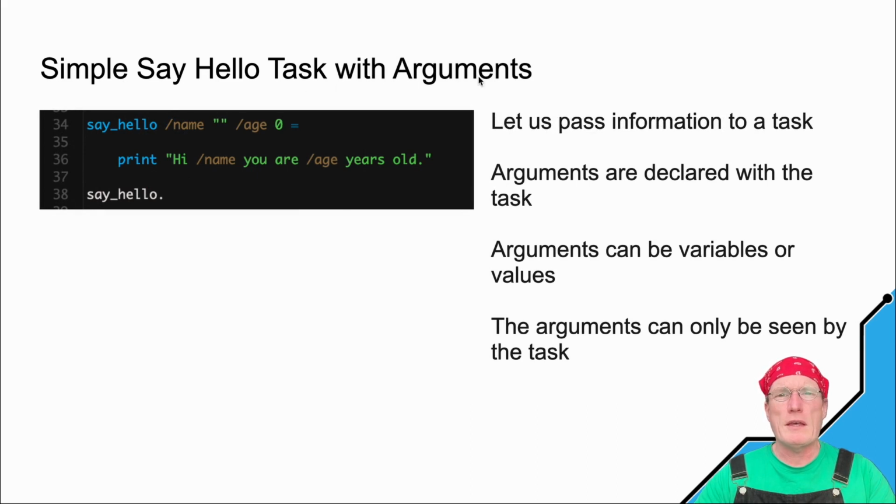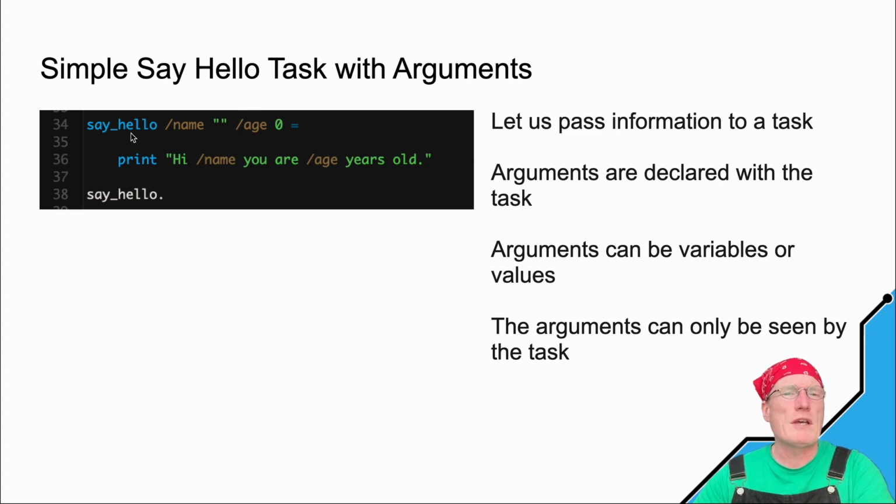If we take that simple say hello task and we add some arguments, we do it by adding /name, which is a name variable, and we're saying that it's going to be a text value. And then we're going /age and we're saying that it's going to be an integer.